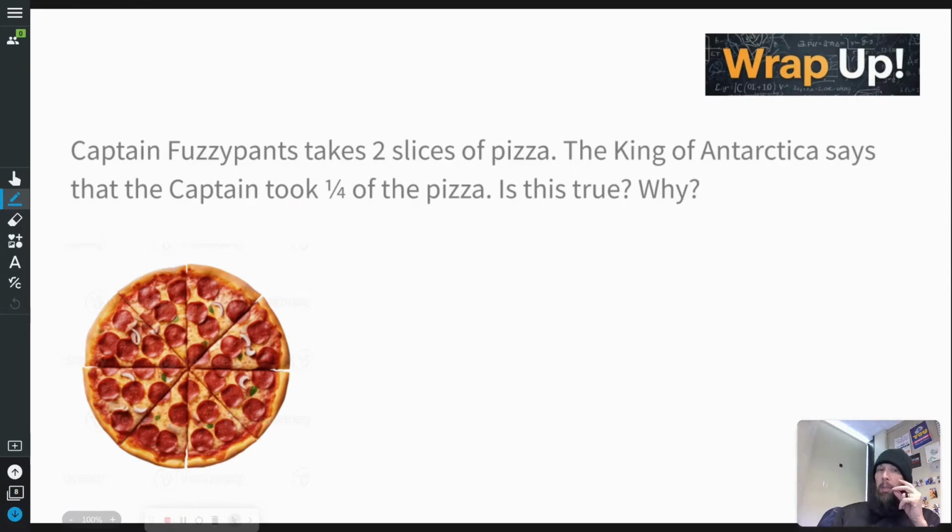Pizza! Captain Fuzzy Pants takes 2 slices of pizza. The king of Antarctica says that Captain Fuzzy Pants took a quarter of the pizza. Is this true? Well, 1, 2, 3, 4, 5, 6, 7, 8 slices. So that's 2 out of 8. Captain Fuzzy Pants says that's the same as a quarter. Are these the same?